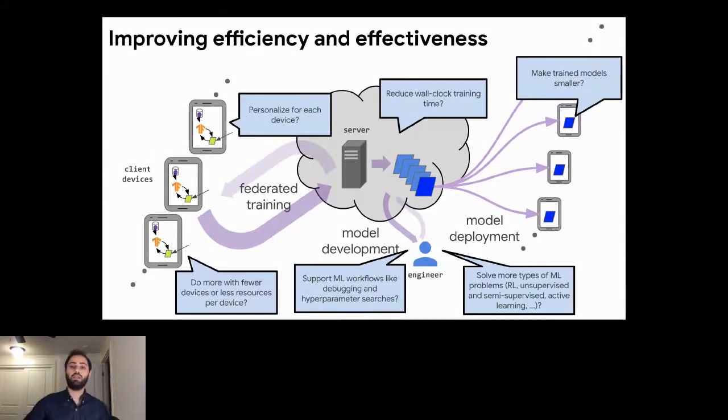Another example is this one on the bottom right corner of this slide, which is how do we expand the scope of federated learning? For instance, in machine learning, there's supervised, there's unsupervised machine learning, there's reinforcement learning, and lots of other interesting areas of learning. And for some of them, it's clear how we would do it in this federated setting. It's kind of intuitive how we would take the labels and how we would train and form the loss, and so on and so forth.